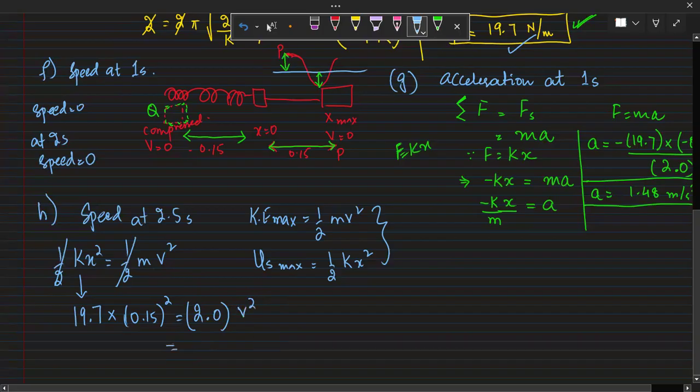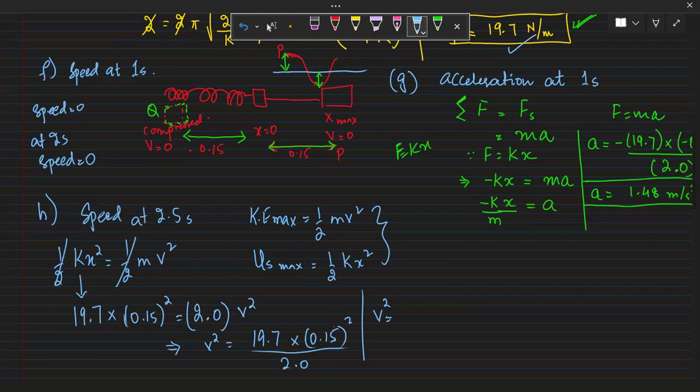I just need to check whether we are getting the correct answer. I need to make v square the subject. So 19.7 times 0.15 squared, divided by 2. I got 0.221.